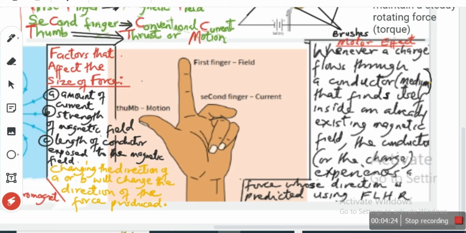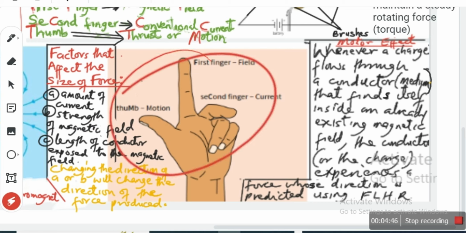Beautiful. So this is how we show the direction of the wire: the copper wire will move to the left at right angles to the magnetic field or conventional current, according to Fleming's left-hand rule.